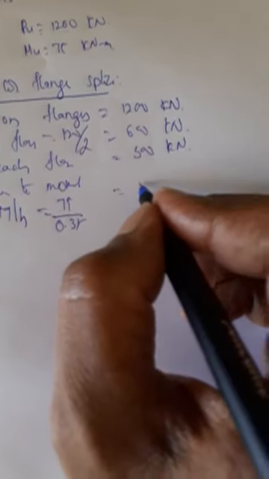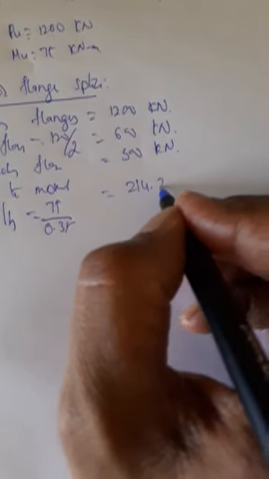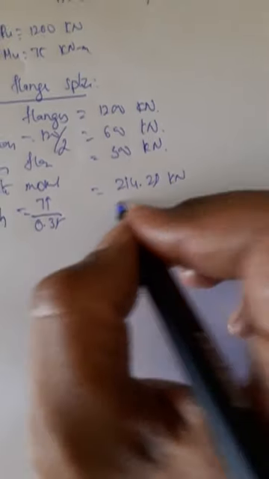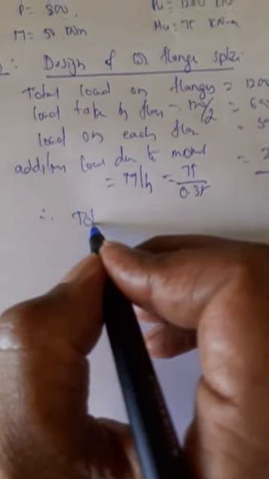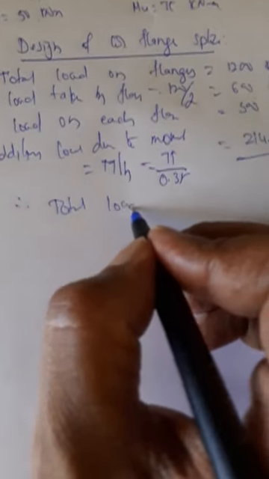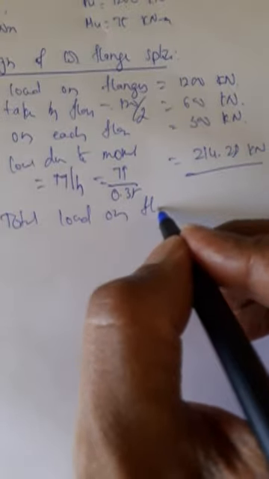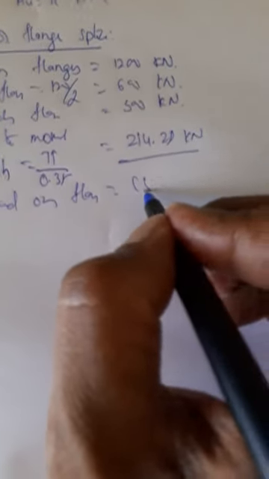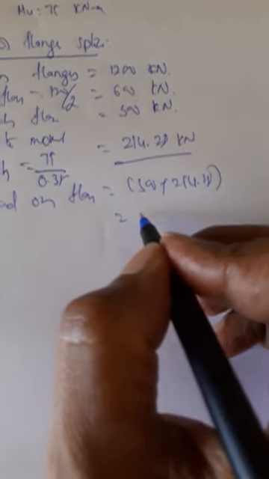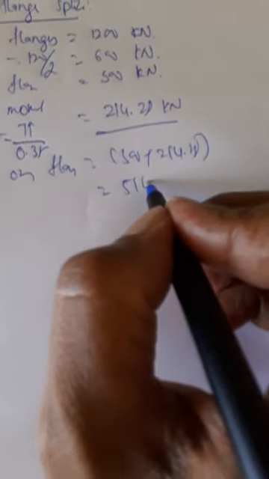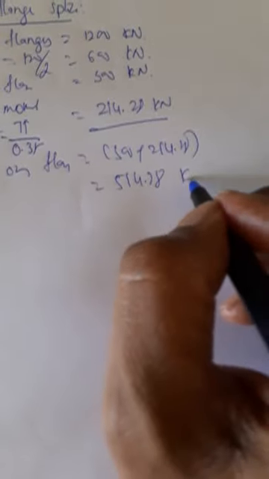So you have the answer 214.28 kilonewtons. Therefore, total load on flange is equal to 300 plus 214.28. You have the answer 514.28 kilonewtons.